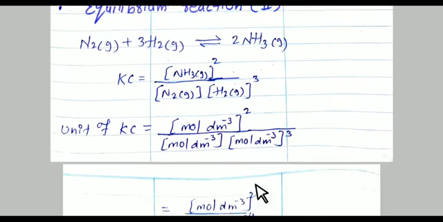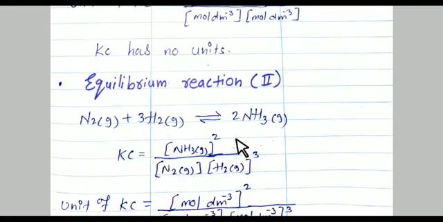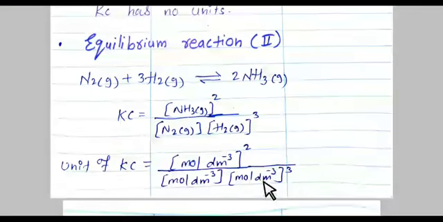So how are we solving it? We are taking the reaction: a single quantity of nitrogen gas reacts with triple quantity of hydrogen gas, and a double quantity of ammonia gas is formed. When we apply the formula for Kc for this, we have the unit mole per decimeter cube squared, upon mole per decimeter cube, then mole per decimeter cube raised to 3.